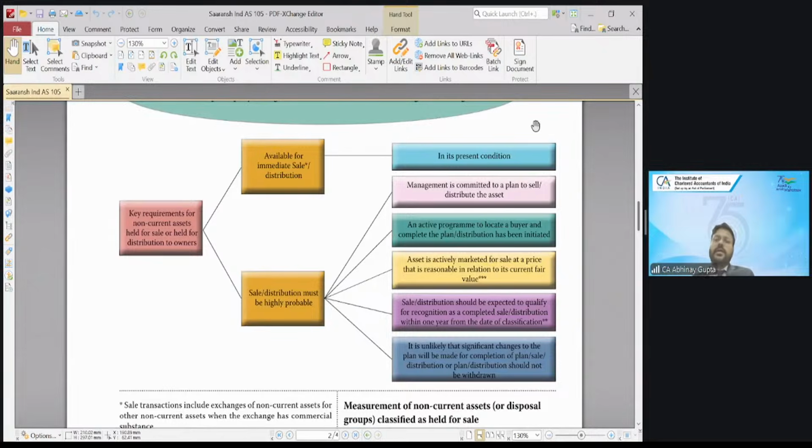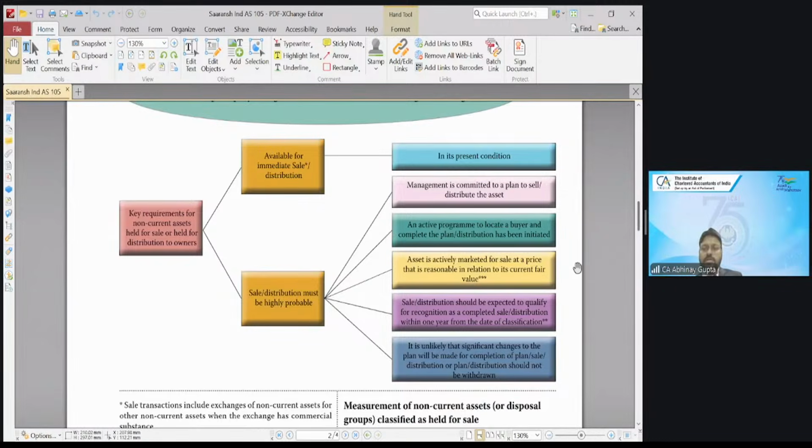Then the asset is actively marketed for sale at a price that is reasonable. For example, if the fair value of the non-current assets which they are planning to sell is say 100 rupees, but they want to sell this at say 150 rupees, then do you think they will be able to find the buyer?